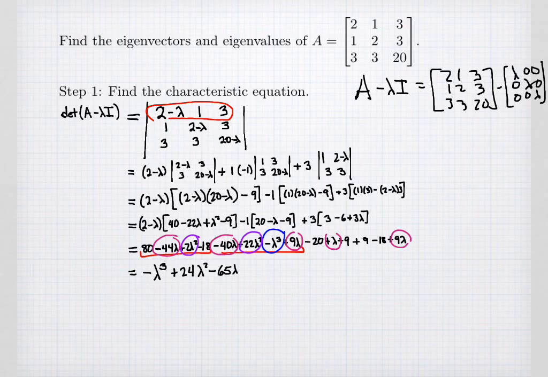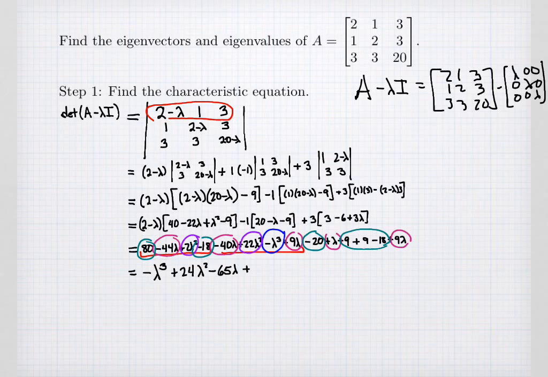And finally we have our constant terms. Let's see how many of those we have. Let's see, we've got 80 minus 18, so that leaves me 62. Puts me at 42. And those all cancel each other, so 42.